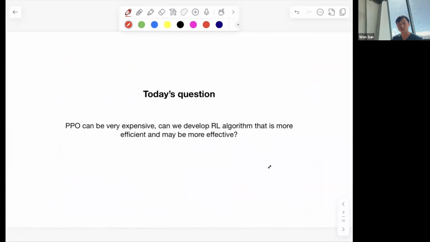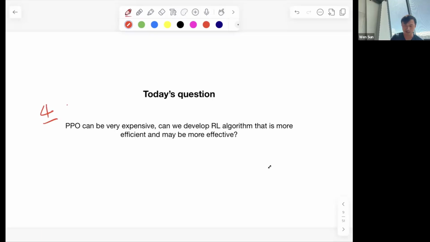Okay, so what we're trying to address today is that this reward modeling plus PPO is good. PPO is an online RL algorithm that can take advantage of fresh online synthetic data. But PPO is kind of expensive, right? If you think about how to do PPO for language modeling, at any time during the optimization, you have to maintain at least 4 big models, right?